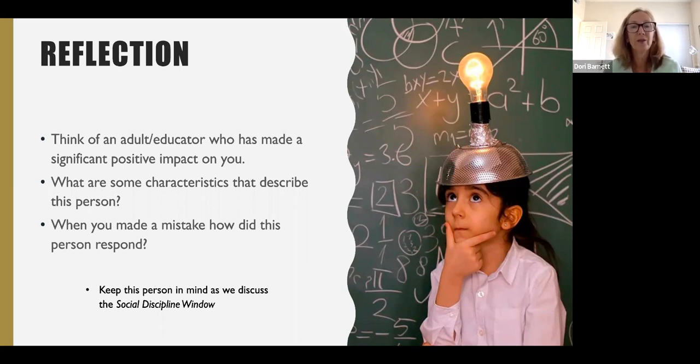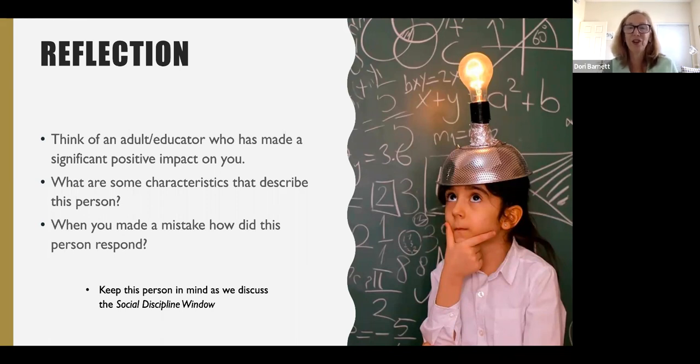Okay. So I'm thinking of Miss Fanny Daly. She was my dance teacher at Millikan High School in Long Beach. And her characteristics, she was just very kind. She had really high expectations and she just believed in me. And those are some of the characteristics.